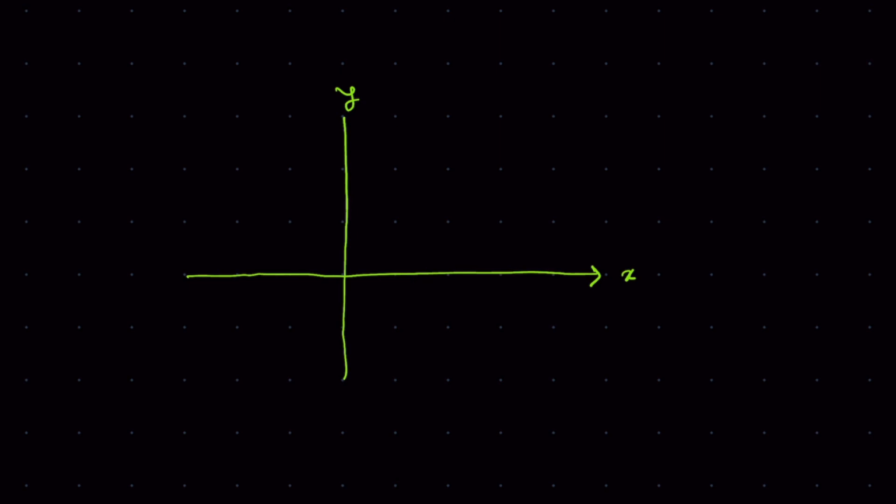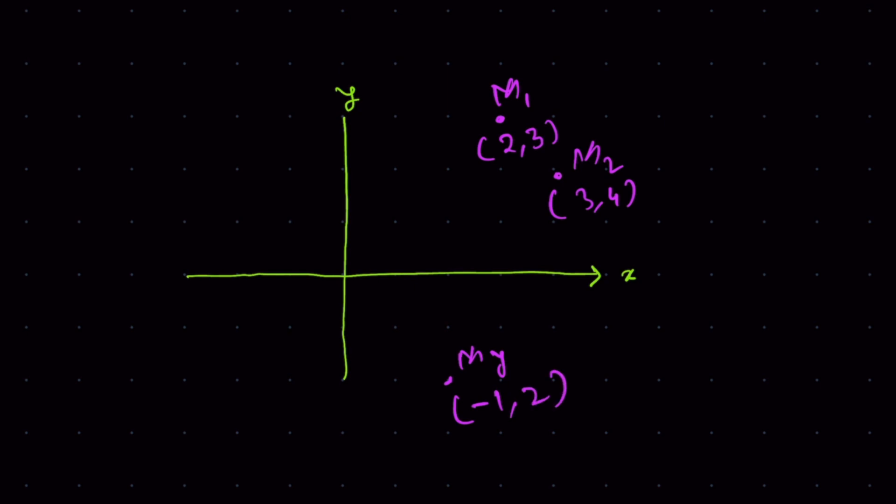On my screen we have this x and y axis, and you have a movie called m1, and let's say the data point is 2 comma 3, and there's another movie called m2, which is 3 comma 4, and there's another movie called m3, and let's say it's minus 1 comma minus 2.